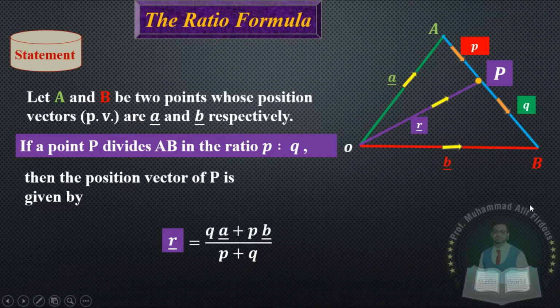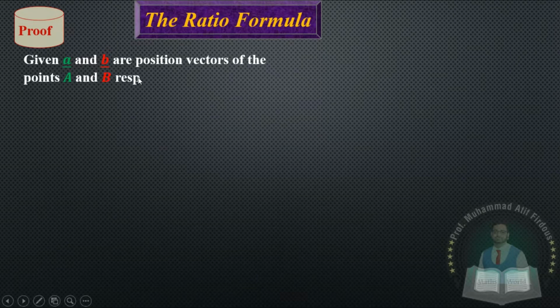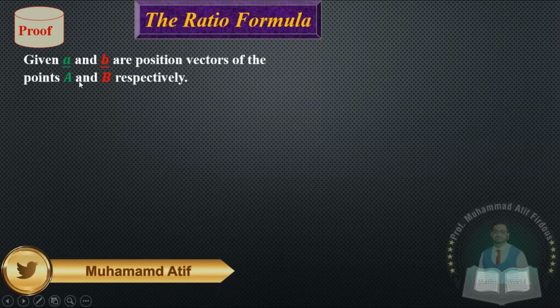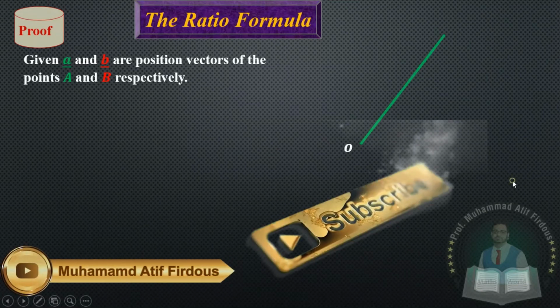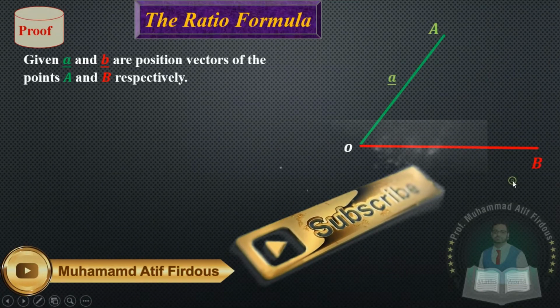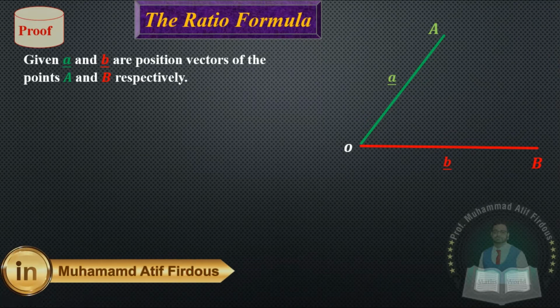Now I am going to prove the statement. So we start with the given statement, which is given that a and b are position vectors of the points A and B respectively. So draw points A and B having position vectors a and b respectively. Any problem? Hope you understand this.